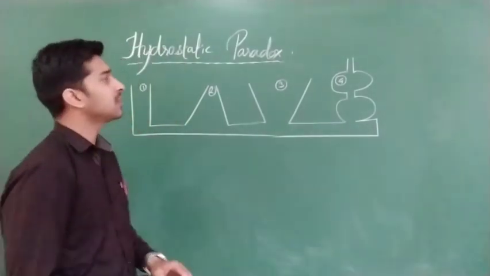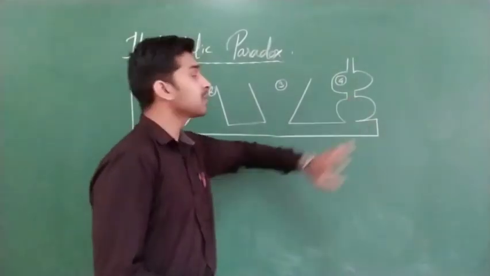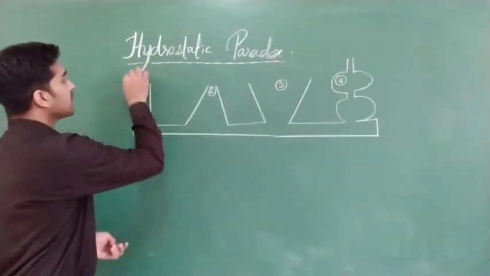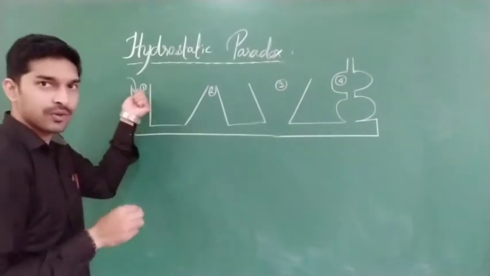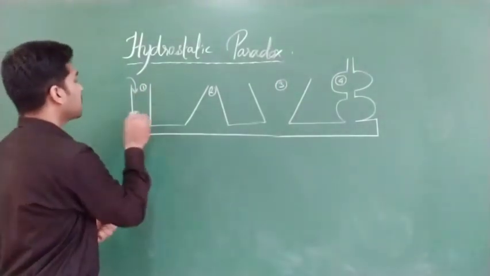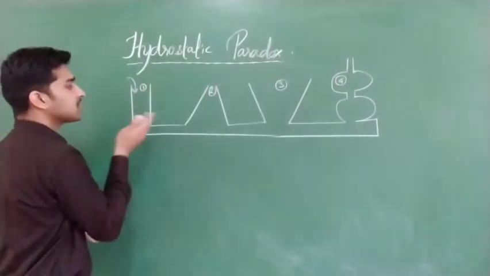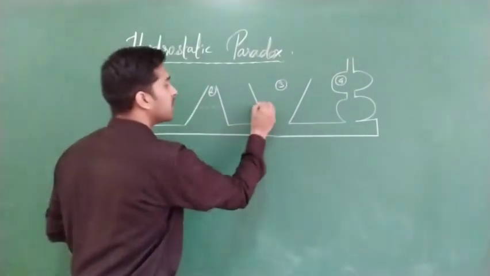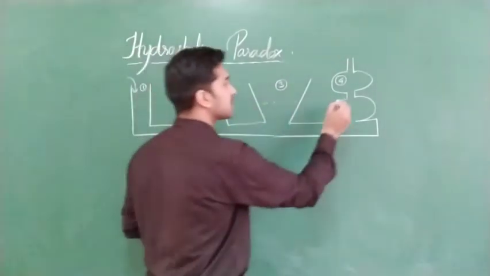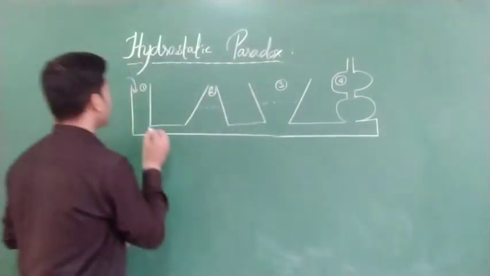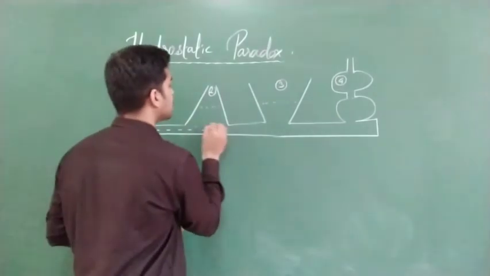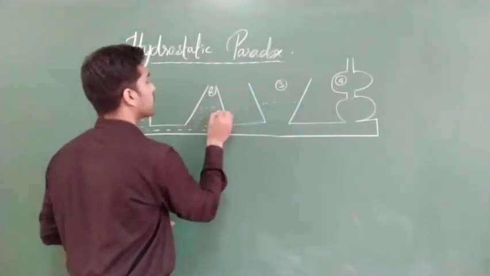These 4 vessels are of different shapes, but they are connected by a horizontal pipe. Clear? The drawing is a little bit off, but don't worry. Now we are filling a liquid here, any liquid, let us take water. If I fill water up to here, in all 4 vessels the water level will be up to the same point. When I fill water over here, what will happen?